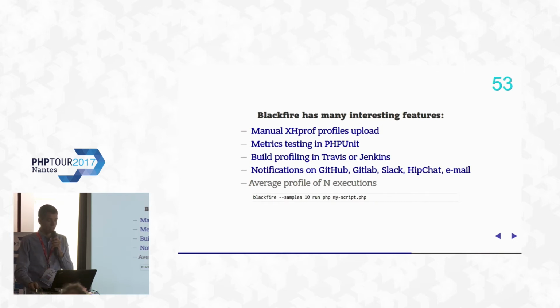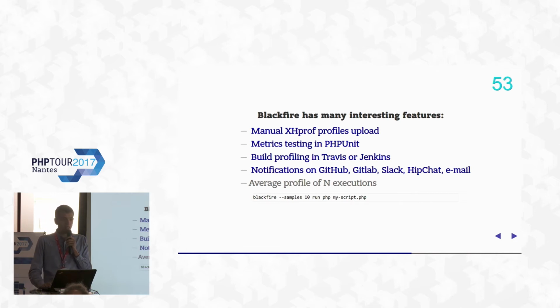Also, Blackfire has many interesting features like manual XHprof profiles upload, so in case you don't want to install the agent and automatically send something to blackfire.io, you can just use XHprof and upload this profile manually to Blackfire.io to analyze it with a beautiful JavaScript web page.